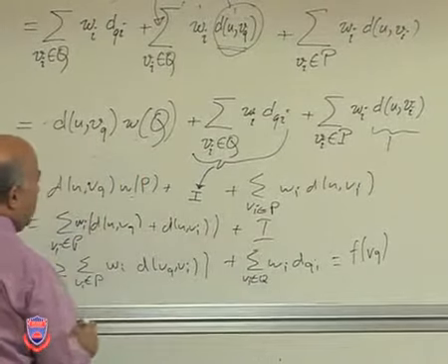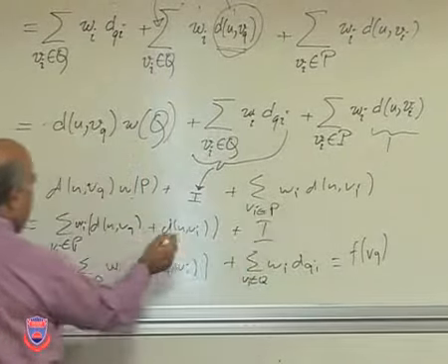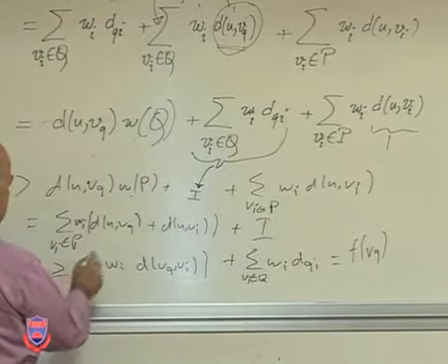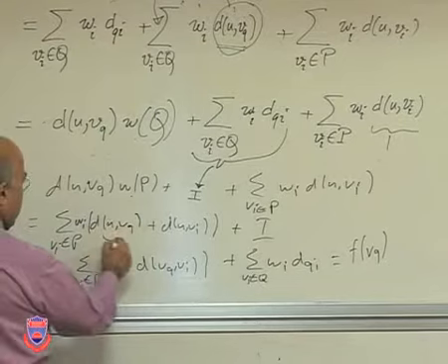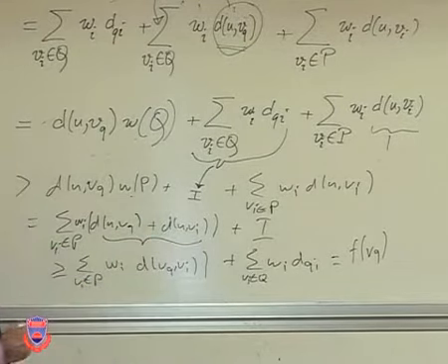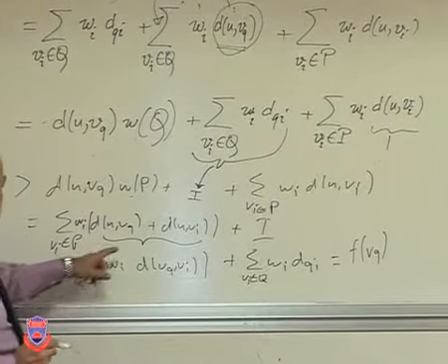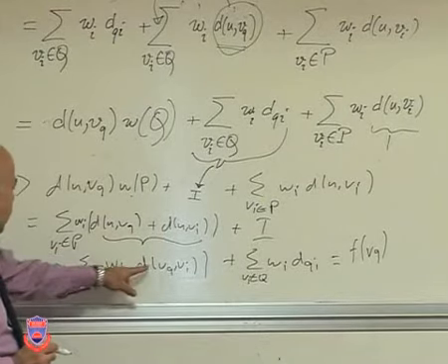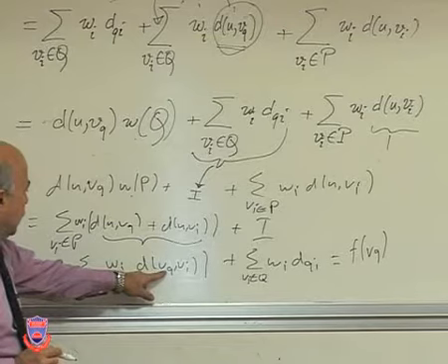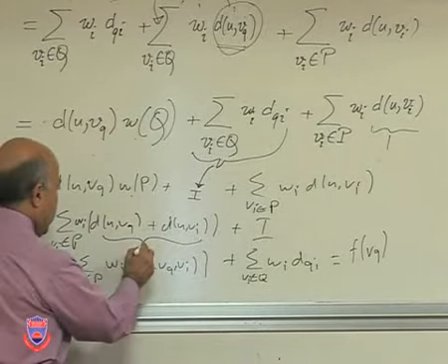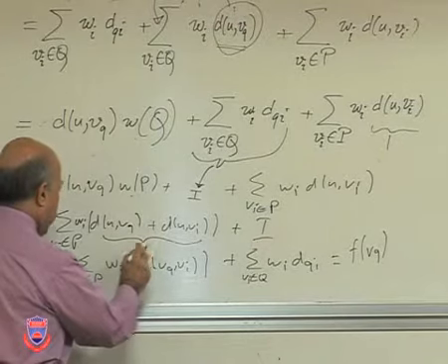So he's combining the two summations. And the sum of two distances here, when you replace it with the distance between VQ and VI, that would be less or equal.